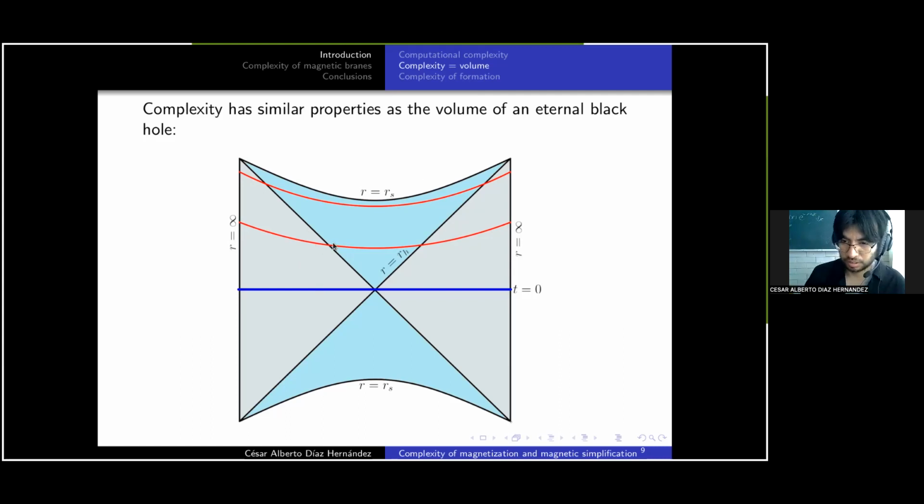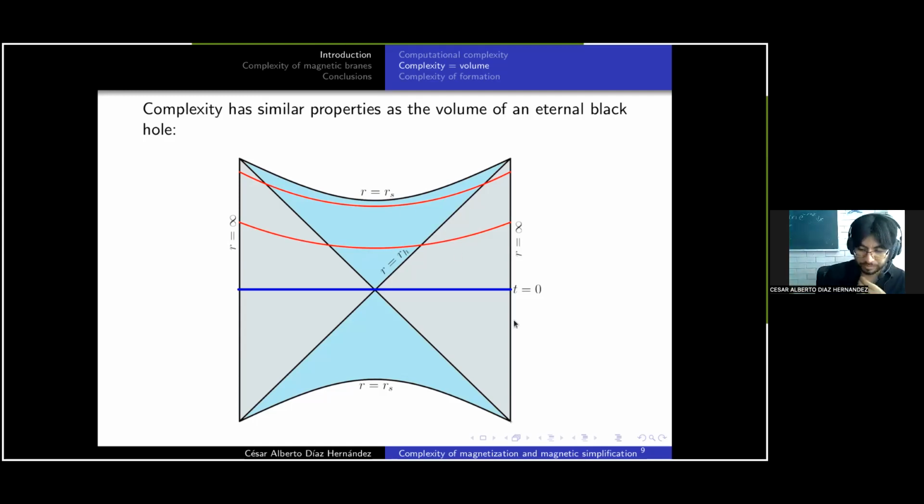Notice that if the time evolves, if we move in time, the volume of this space-like slice will increase as we move in time, right? In the interior of the black hole, we have just this little volume here, but if we move in time, the volume will increase, right?